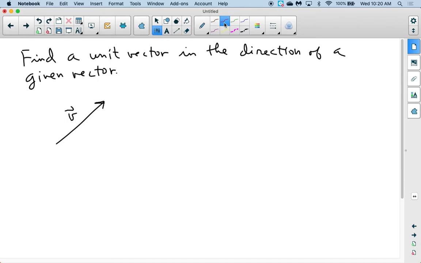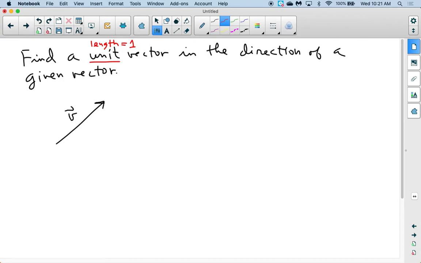Well, the easiest way to find it, remember what unit means, okay? Unit means that it has length 1. So this unit vector has a length of 1. Unit length, we would say. Length equal 1, or magnitude equal 1. All right, so the easiest way to find a unit vector would simply be to shrink the given vector v down to unit size in the direction of the given vector.